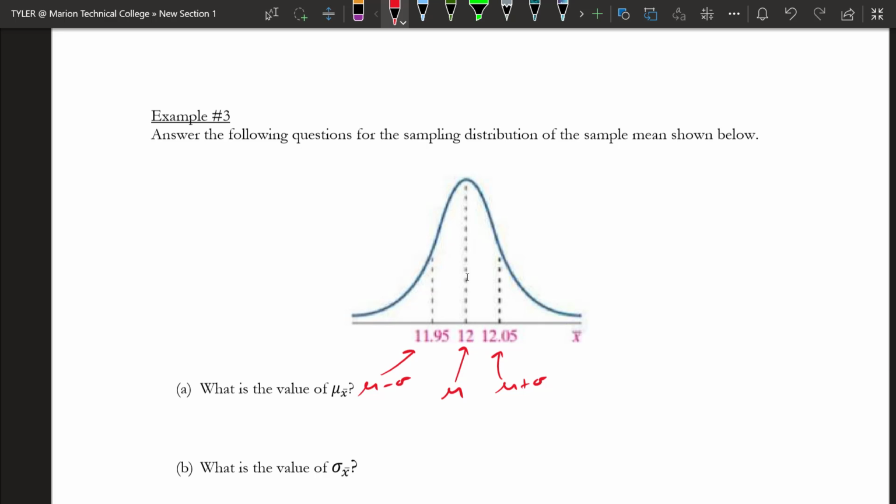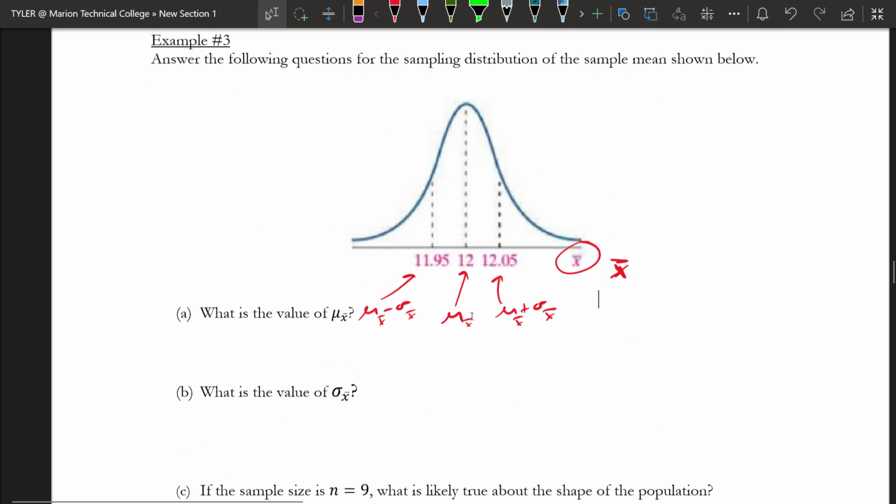But notice this is of X bar, right? So we should put X bar subscript here, just so we understand that we're not talking about the mean and standard deviation of the population, but of the sampling distribution, right? And that's shown here, right? It's labeled X bar. That's how you can tell.